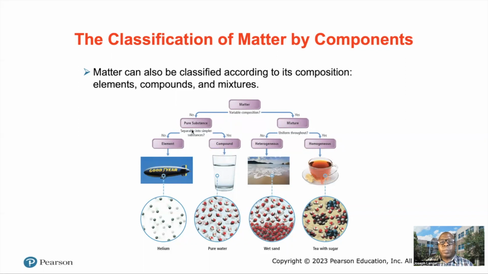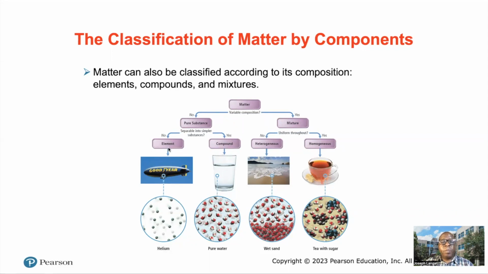Now, pure substances have definite composition. That means it's well defined. For example, sugar, that is carbon and oxygen and hydrogen, or sodium chloride, NaCl. Those are pure substances. Now, elements, these are the elements on the periodic table. The author here is just using helium as an example.